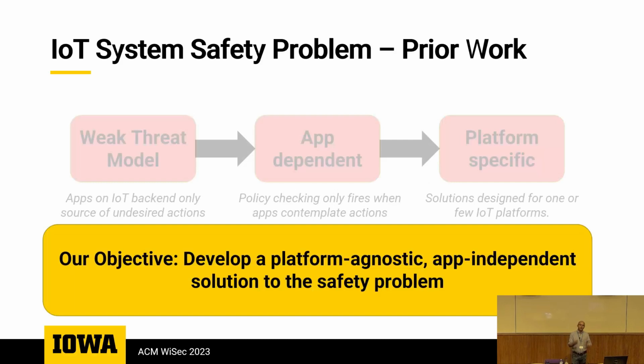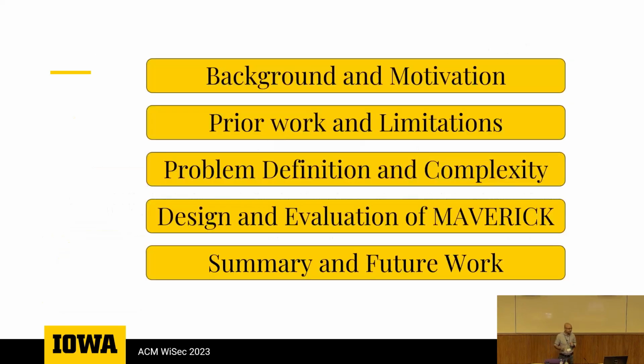So what we wanted to do in this paper was to develop a platform agnostic and app independent solution to the safety problem, because app independence is important because not all services allow you to modify apps, right? Like IFTTT. If you are connected to an existing IFTTT applet written by somebody else, you just cannot go change it, okay? So we wanted something that is both platform agnostic and app independent.